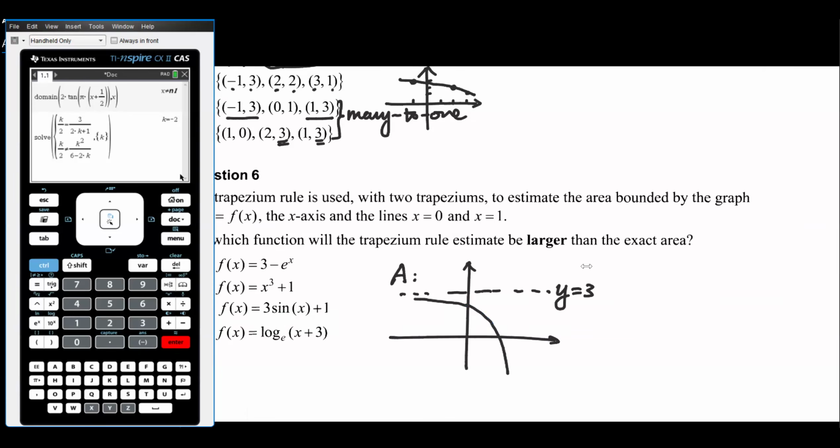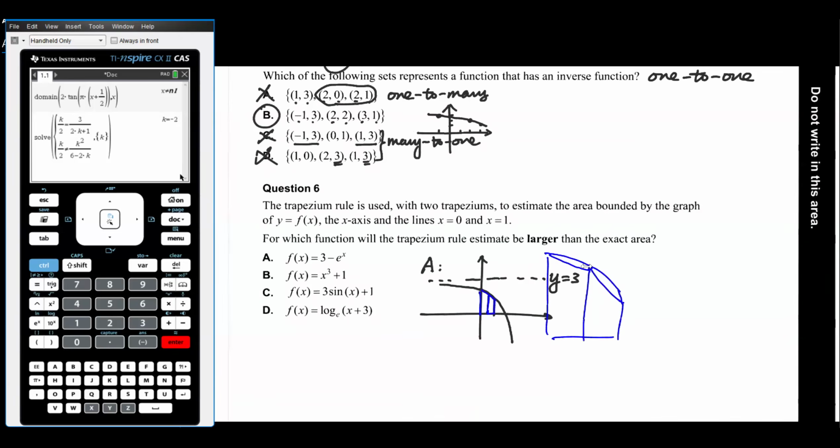From 0 to 1, you can see the graph is concave down. But when you draw two trapeziums, straight line, straight line, the details will be like that. So the trapeziums will be under the curve. That's why the trapezium estimate would be less than the actual area. So we can't take option A.